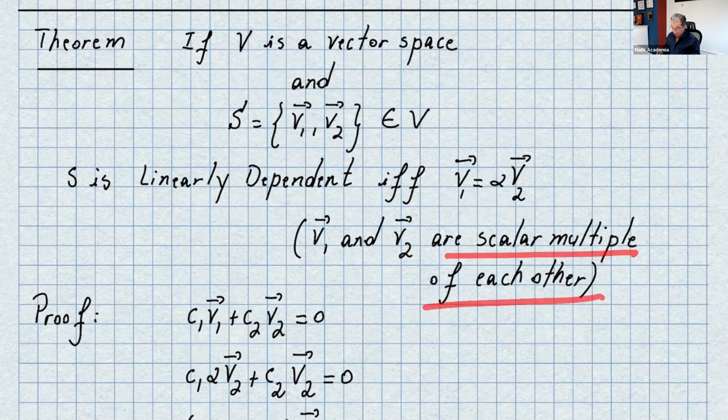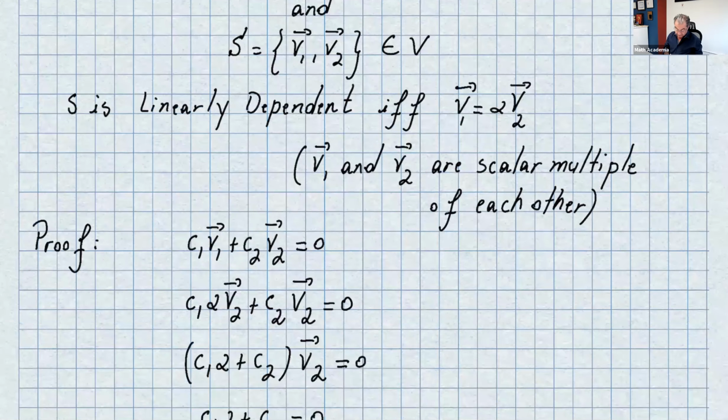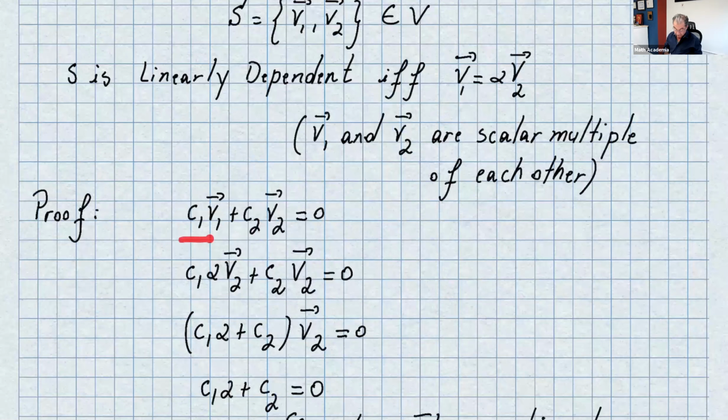We saw what this was, or we can see if the vectors are parallel. So the proof of that: if you take the vector equation C1 V1 plus C2 V2 equals 0, then V1 can be written as alpha times V2, so C1 alpha V2 plus C2 V2 equals 0.